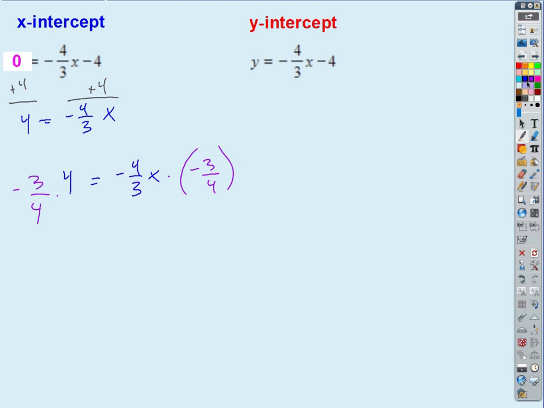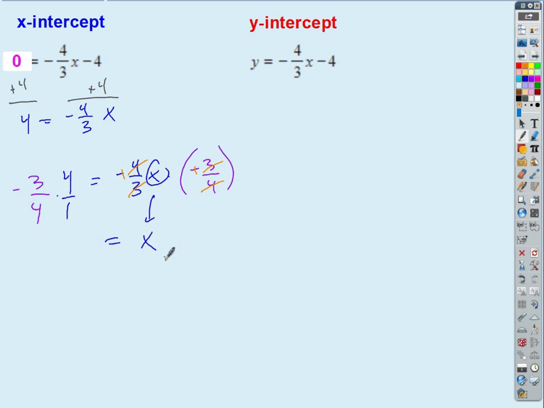4 is the same as what? 4 over 1, good. And now look what happens when I multiply these fractions. The negative times the negative becomes positive, good. The 4 and the 4 are going to cancel, 4 on top, 4 on bottom. The 3's cancel. It did exactly what it was supposed to do, didn't it? On the right side, we end up with just an x.